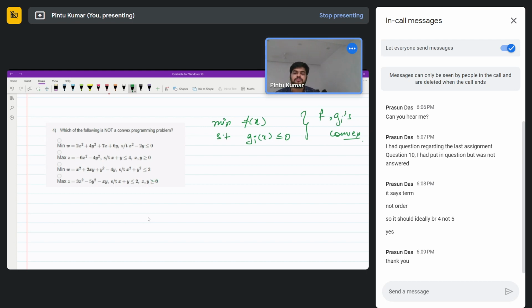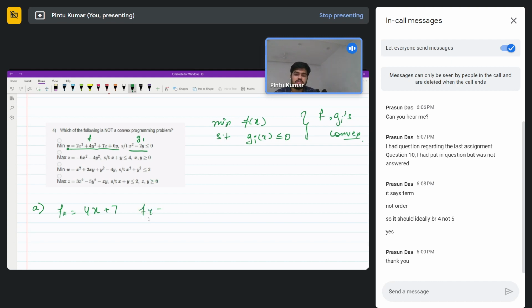Let's look at the first part, that is minimize w equal to 2x square plus 4y square plus this, subject to this. This is my f, this is my g1, right? I have to check the convexity of my function f, or the w over here. So I will calculate the Hessian, right? So what is my f of x? F of x is 4x plus 7, right?